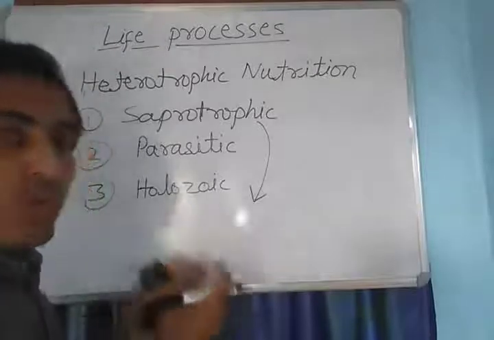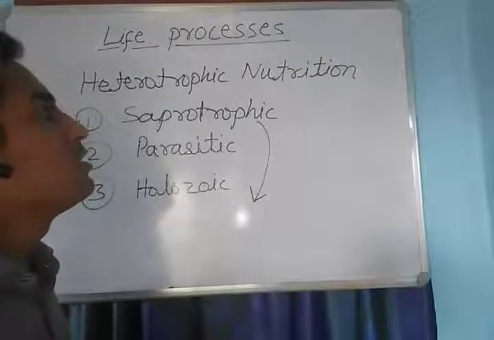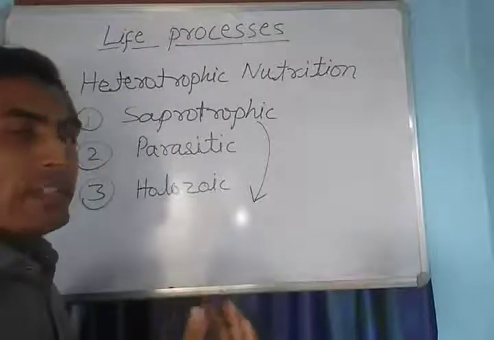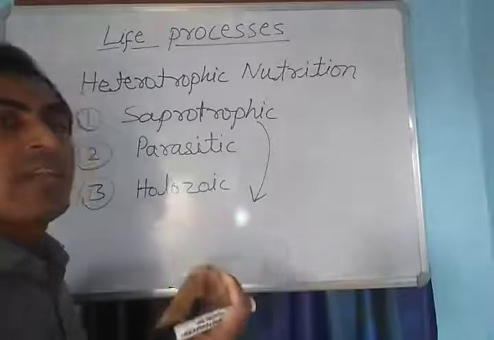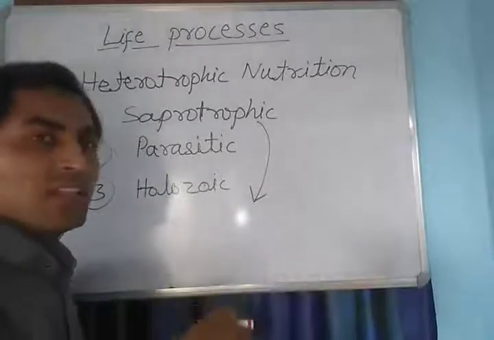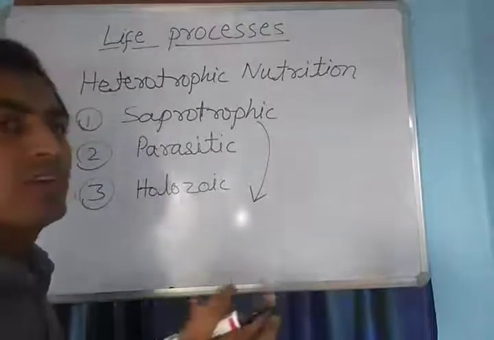The useful nutrients are absorbed by the saprotroph, and it releases inorganic nutrients that mix in the soil and increase the fertility of the soil.